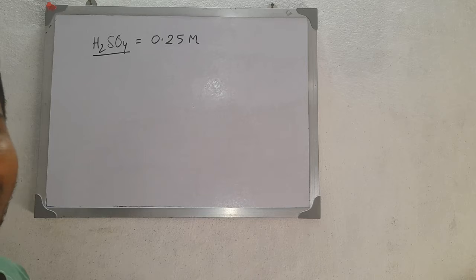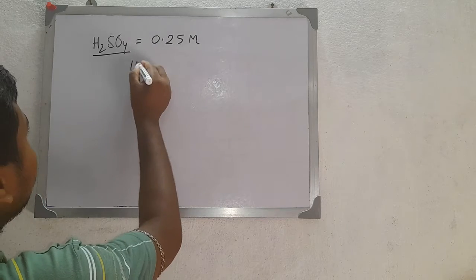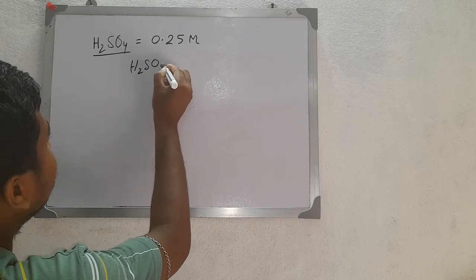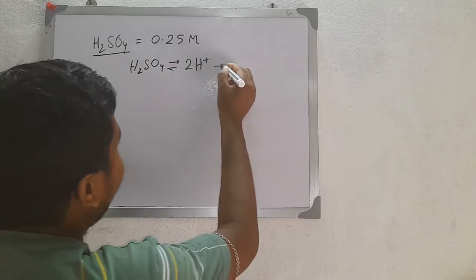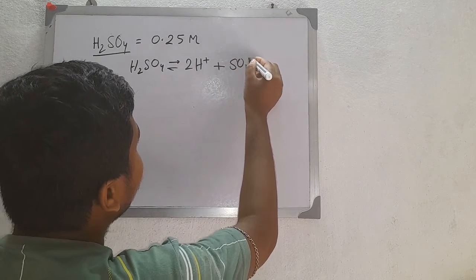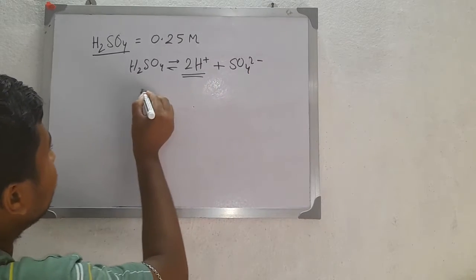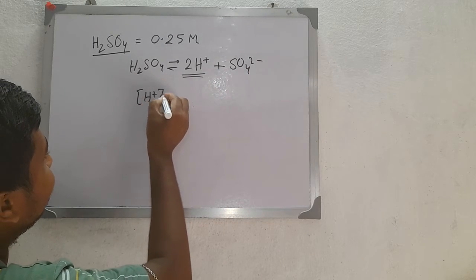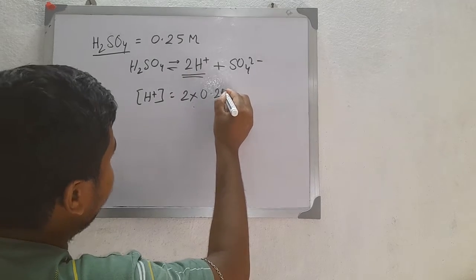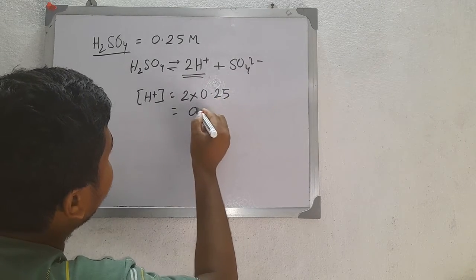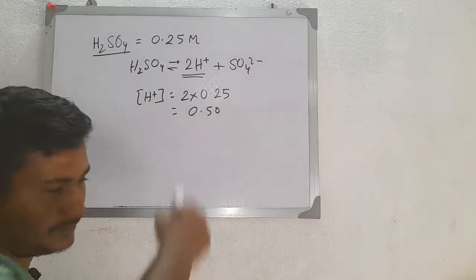H2SO4 is a diprotic acid, meaning H2SO4 dissociates into 2H plus and SO4 2 minus ions. So the concentration of H plus is 2 times the concentration of H2SO4, meaning 0.50.